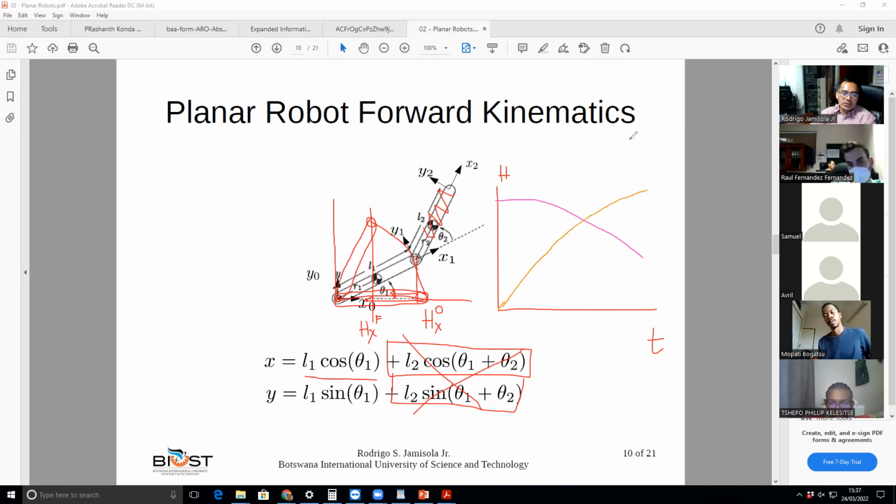So now this is the hand position. So this is your hy plot, and the other one is your hx plot given time.